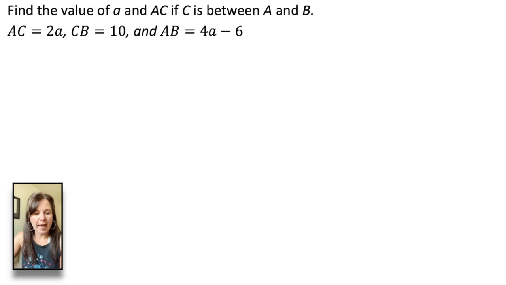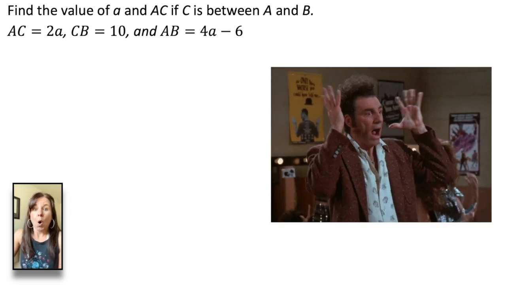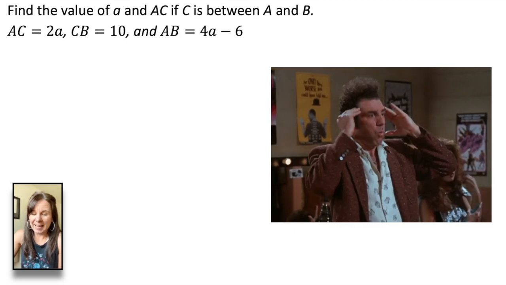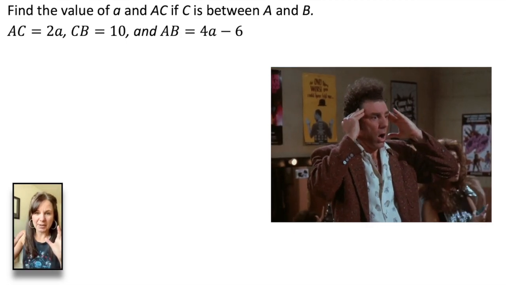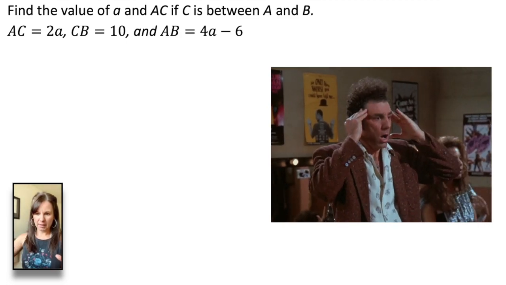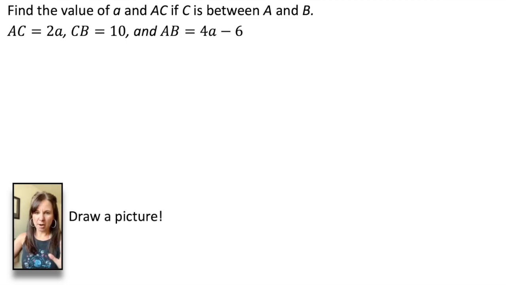Find the value of A and AC if C is between A and B, and AC is 2A, and CB is 10, and AB equals 4A minus 6. Holy cow. Sometimes these just turn into alphabet soup, right? So take a deep breath. First thing you're going to do is draw a picture, because we've got to sort out all these letters.